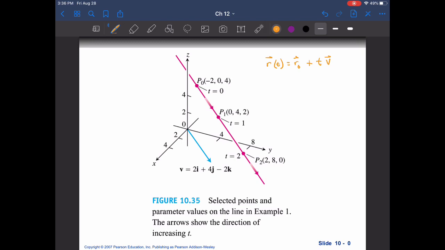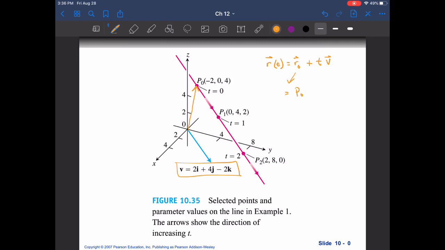So we can have this. And then what we can do is have our vector v, that's given to us, times t, but this r naught can be whatever we want. We could make it p naught. So in other words, we can have p naught, from the origin to p naught as a vector.